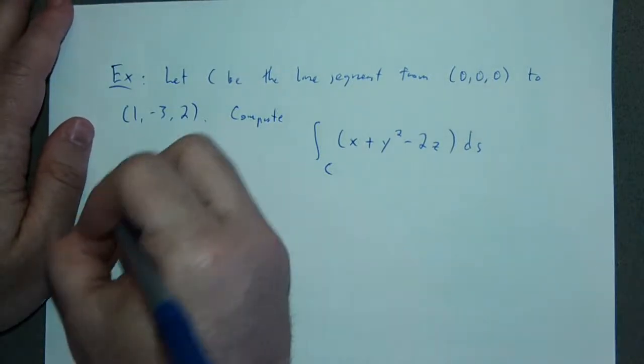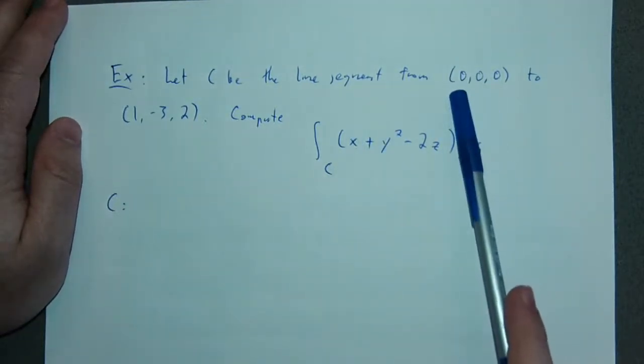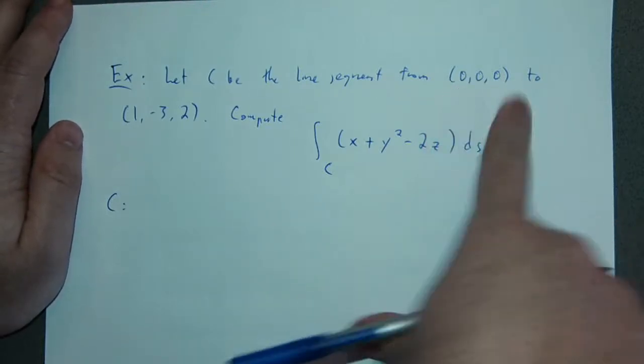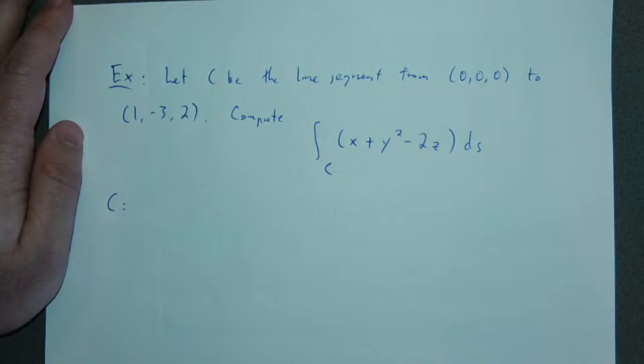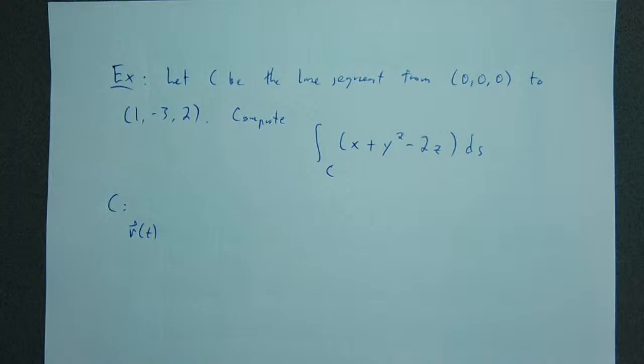So before we can begin, we need to parameterize C. We have a line segment from the origin, 0, 0, 0, to 1, minus 3, 2. We weren't given the parameterization exactly, but we can find it pretty easily from that. How do I parameterize the line segment from 0, 0, 0 to 1, minus 3, 2? Well, you might remember that the way that we wrote out the equation for a line in space was in parametric form, not in symmetric form, and that was a parameterization of that line thought of as a curve.